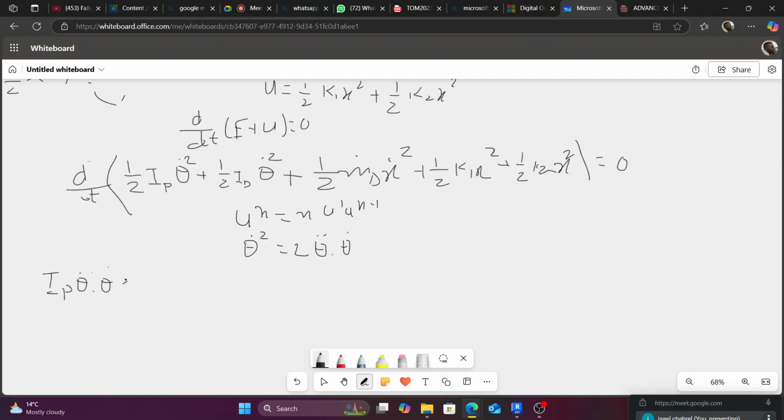The following one will be the same: I_D theta dot dot multiplied by theta dot. Then half the mass of the disk. We're going to do the same thing here. Can I remove the half here? Yes, because the 2 will fall there.